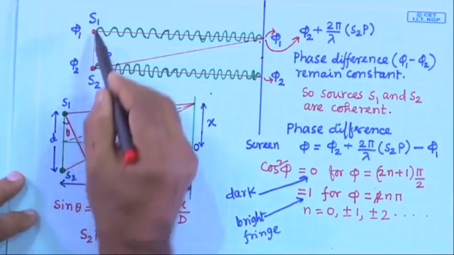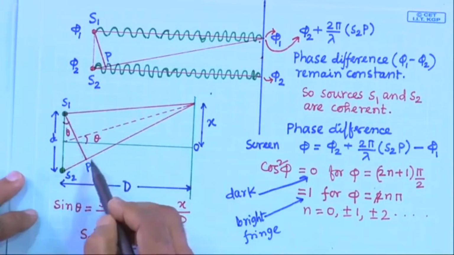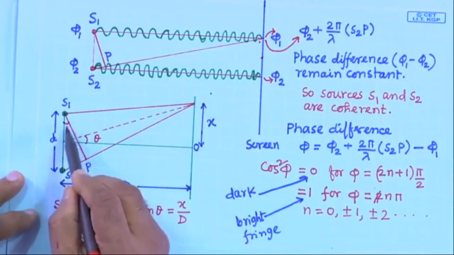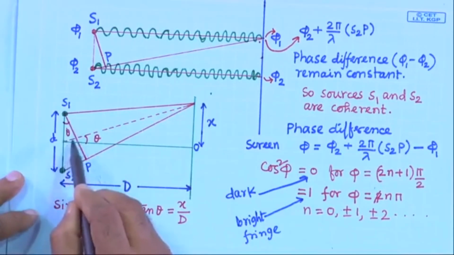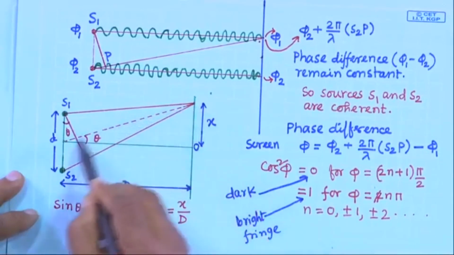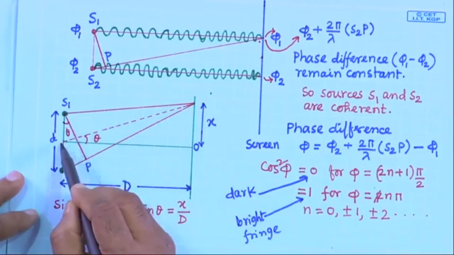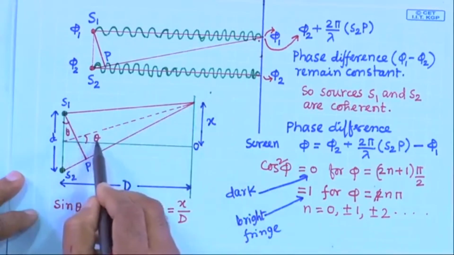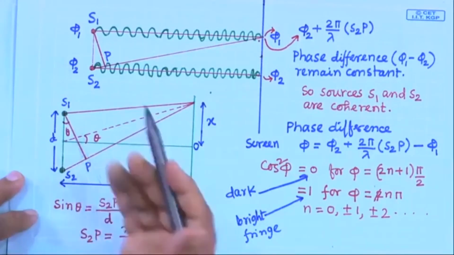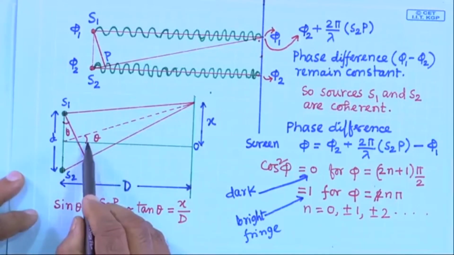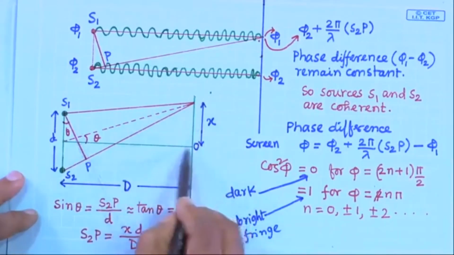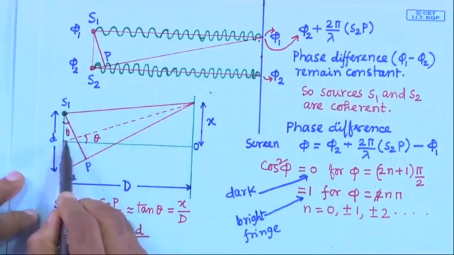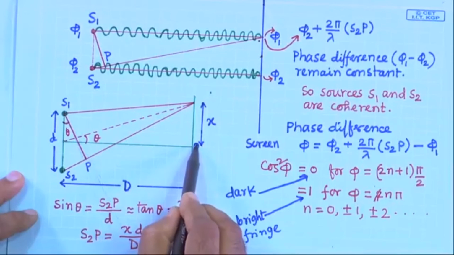Just as I told, draw a normal. If this angle is theta, from the middle point of the two sources, if you draw a line, these two angles will be the same.